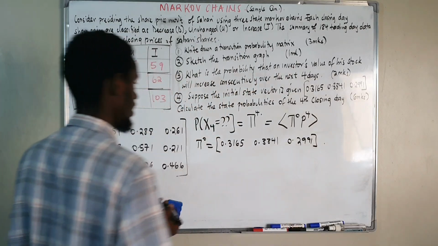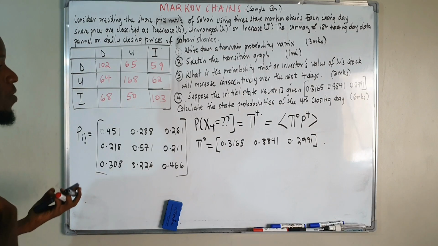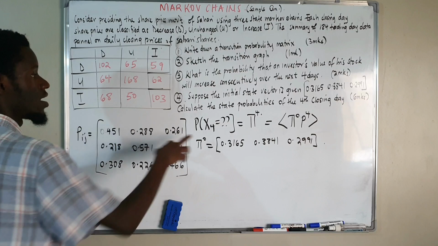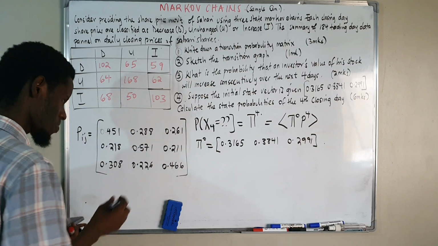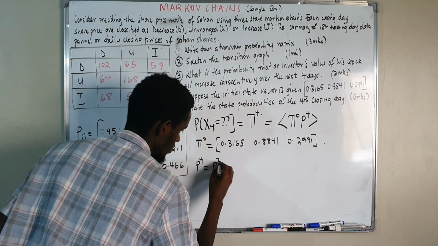Now, members, let us first get p power 4. After getting p power 4, we shall be able to multiply it with this matrix so that we get our px4. Therefore, from there, let us first remember p power 4 is the same as having p squared times p squared.